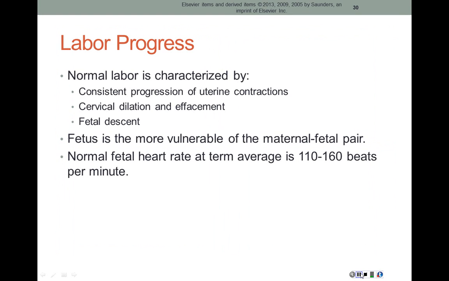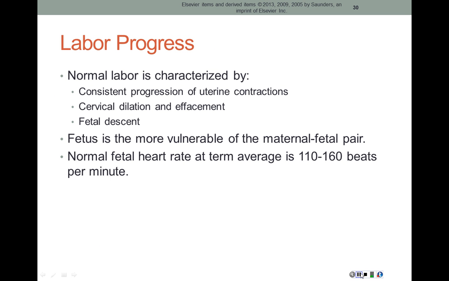Alright, so labor progress. So normal labor is characterized by consistent progression of uterine contractions. So that means that they get closer together and they get more intense. We have that cervical dilation and effacement, and then we have the actual fetal descent into the pelvic area. So during labor, the fetus is the more vulnerable out of mom and fetal pair.